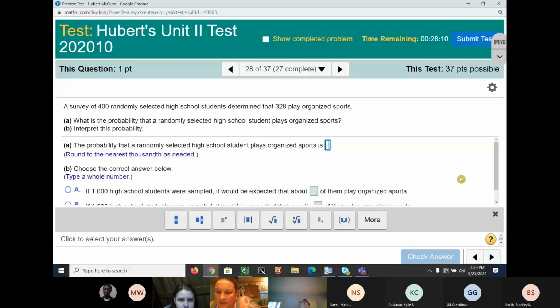No, it's just 0.82. That's it. Okay, 0.820. Now, what happens when you multiply by 1,000? You move the decimal 3 places to the right, right? So that's 820. So do I use exactly or about?